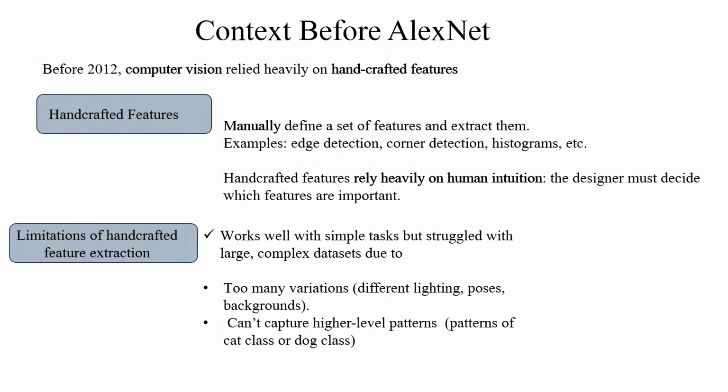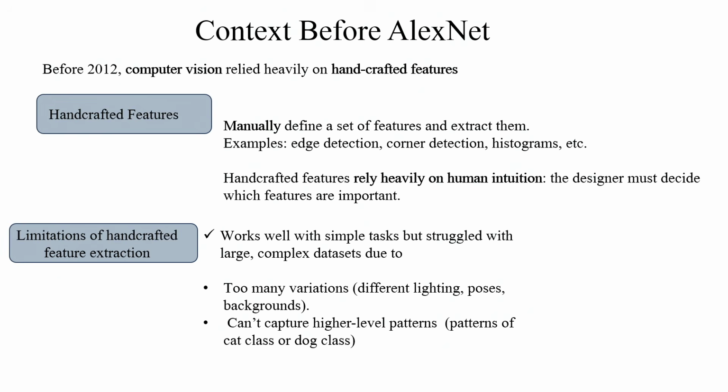These handcrafted features were based on algorithms called SIFT, HOG, etc., and due to this limitation, scientists were not able to move further in the computer vision field.